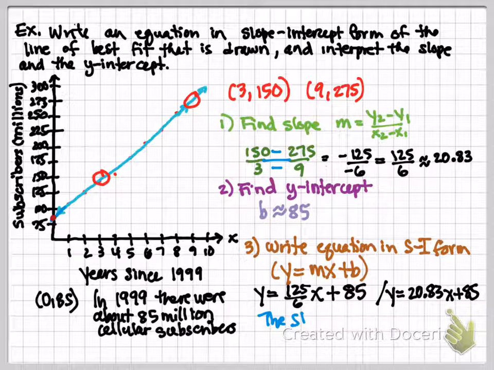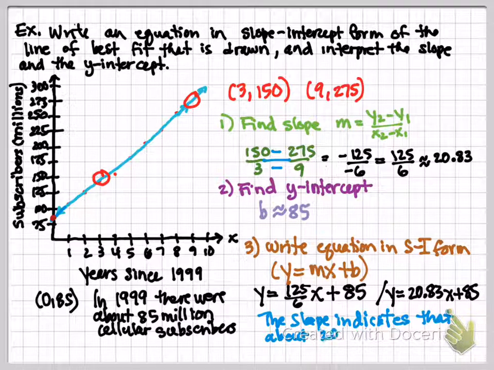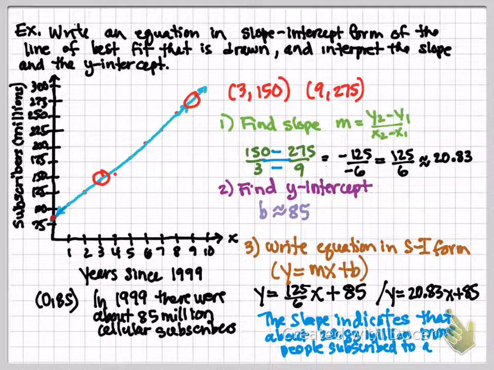To interpret the slope: the slope indicates that about 20.83 million more people subscribed to a cell plan each year.